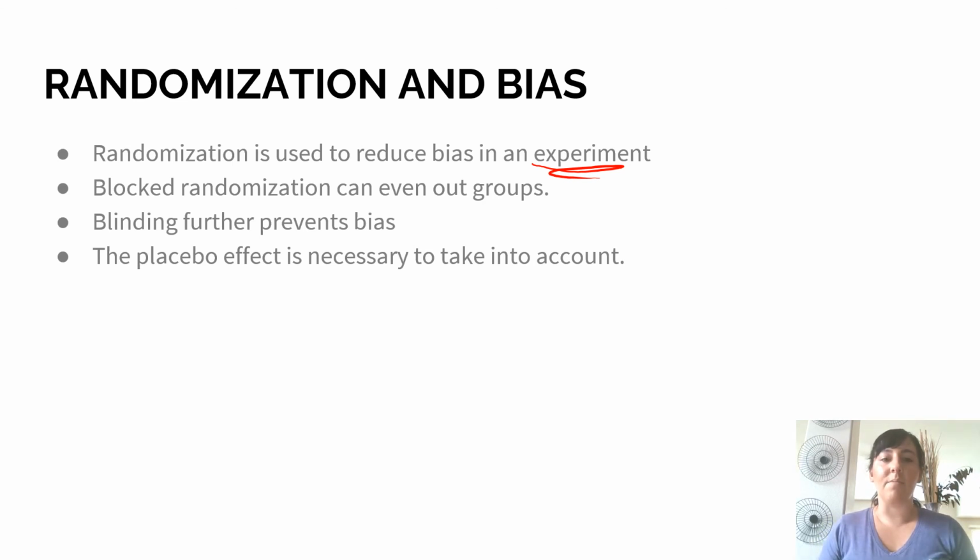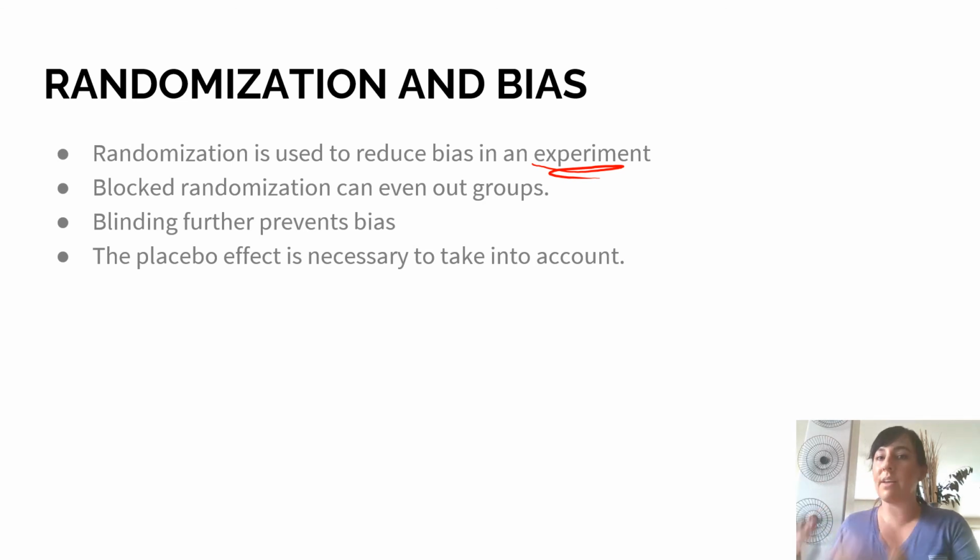And then the placebo effect is so necessary. Remember how necessary it is? If you have a placebo group, that group acts as your control, your comparison group, so that you have something to compare the experimental group with.